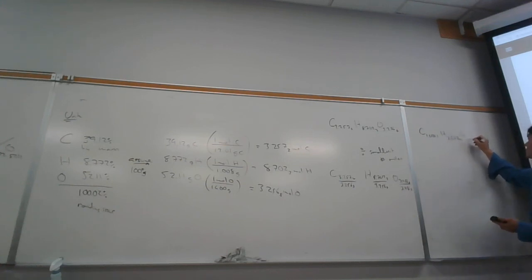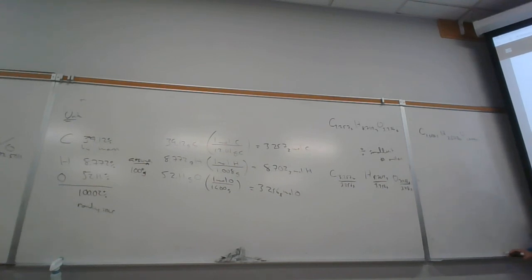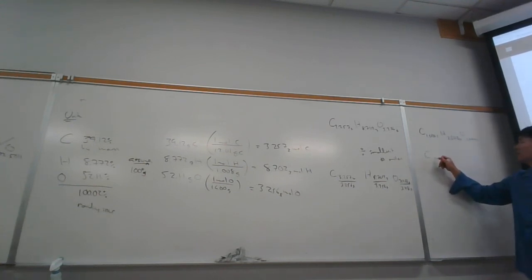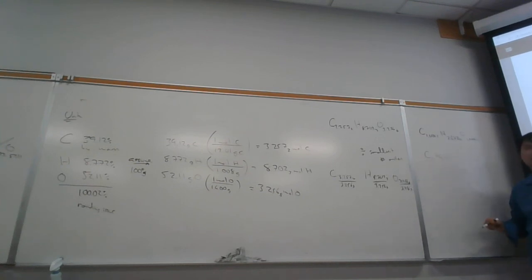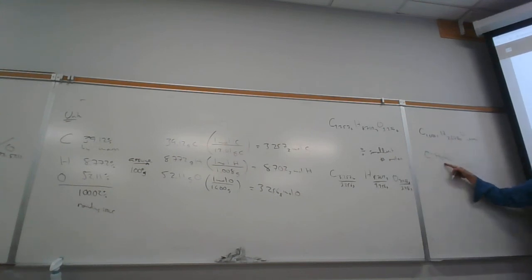And then oxygen is just going to come out to 1.0000. Okay, now should I round this? Should I round it to carbon 1, hydrogen 3, oxygen 1? I don't feel comfortable rounding 2.6 to 3, do you? I mean, that's a pretty big rounding step there.